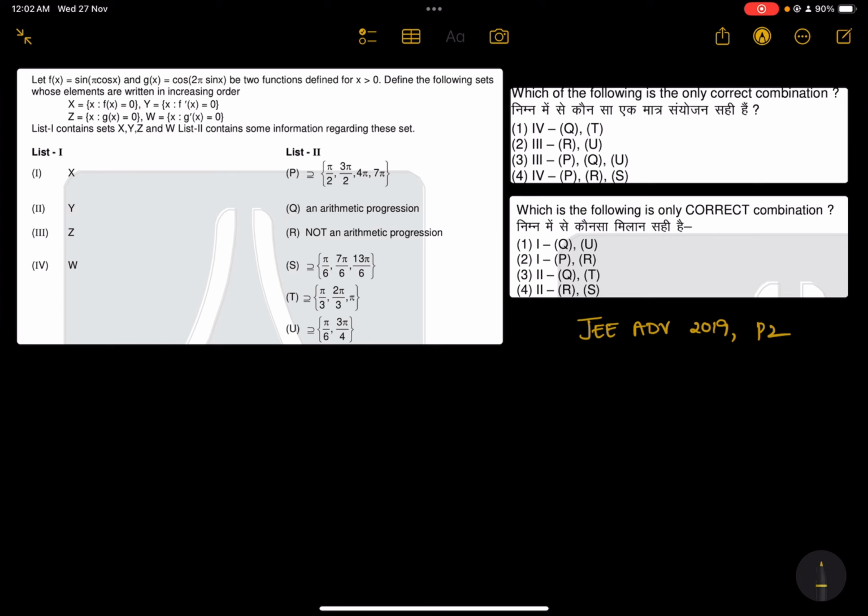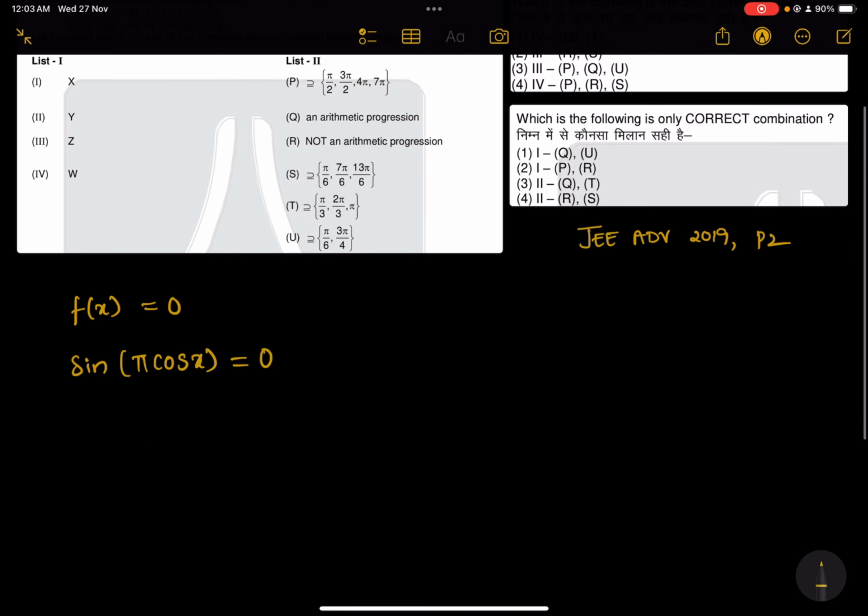Okay, so let us consider X. X is a set such that f of x is equal to 0, where f of x is sine of pi cos x. So we have to find the solutions of this equation.